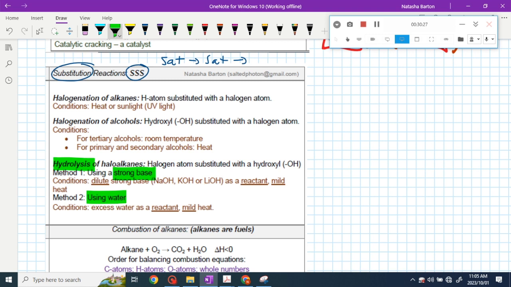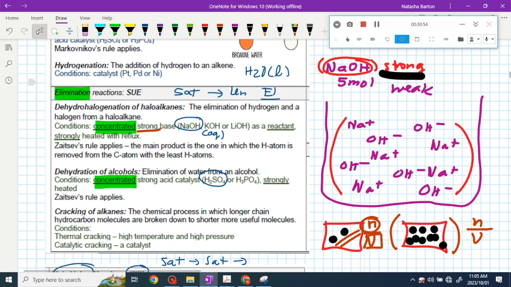Okay. So if you look at the reaction differences, it's exactly the same. In the case where we are using a strong base, it's going to be a dilute strong base, any of the three, and mild heat. If you're using water, it's the water and mild heat. Okay, so both require mild heat. Did I get you this time? Dehydrohalogenation over here.